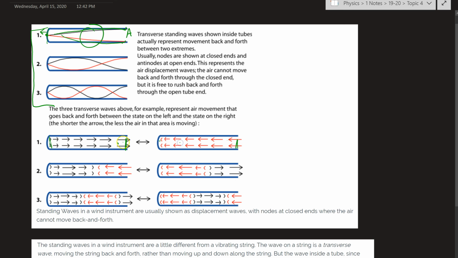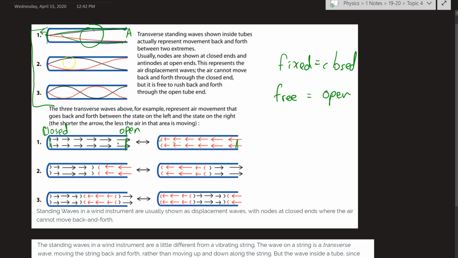So that's the simplest standing wave pattern for sound waves in a tube where one end is... Here we talk about the ends being closed or open instead of fixed and free, but fixed is the same thing as closed for us, and open is the same thing as free when you're trying to make the analogy between strings and air columns in a pipe.